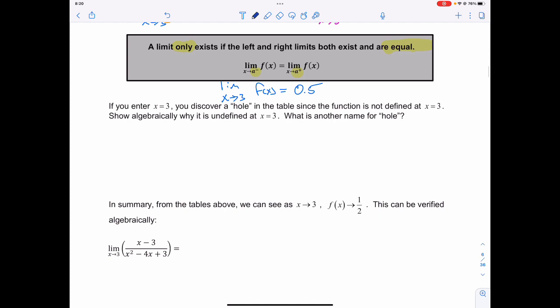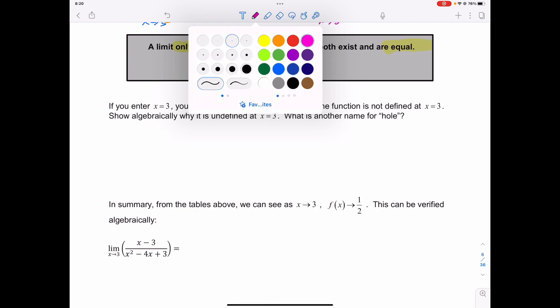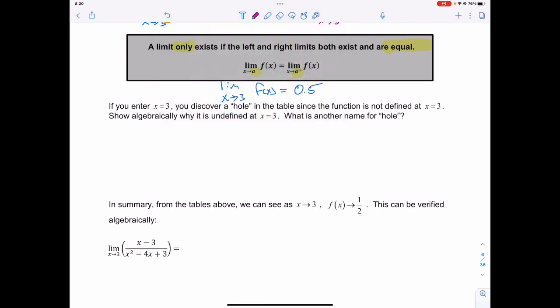If you enter x is equal to 3, you discover a hole in the table since the function is not actually defined at the point x is equal to 3. When it says show algebraically why it is undefined at x is equal to 3 and what is another name for a hole, well, first I'm going to start by showing algebraically why it doesn't work.